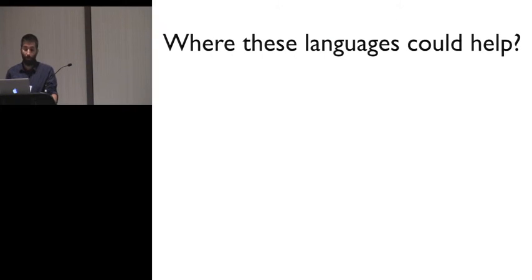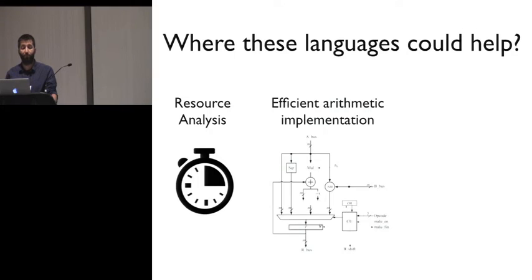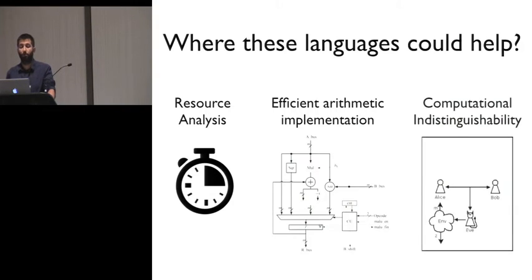In particular, we can use ideas from this research area to design resource analyses, to design more efficient implementations of, for instance, arithmetic operations, and also to model adversaries in security models, where, for instance, we require an attacker to be modeled by a program working in polynomial time.